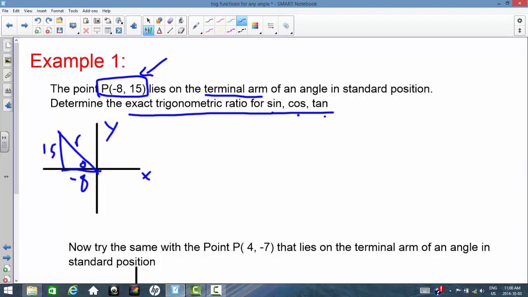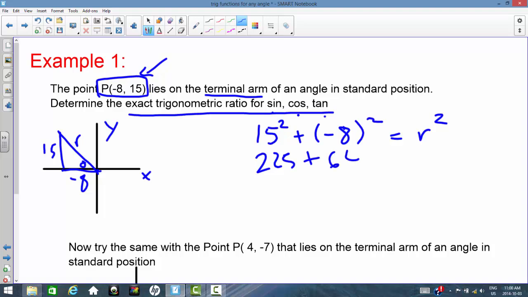So 15 squared plus negative 8 squared equals r squared. So 225 plus 64 equals r squared, and that gives me an r equal to 17. I added those up and took the square root, and I got 17.